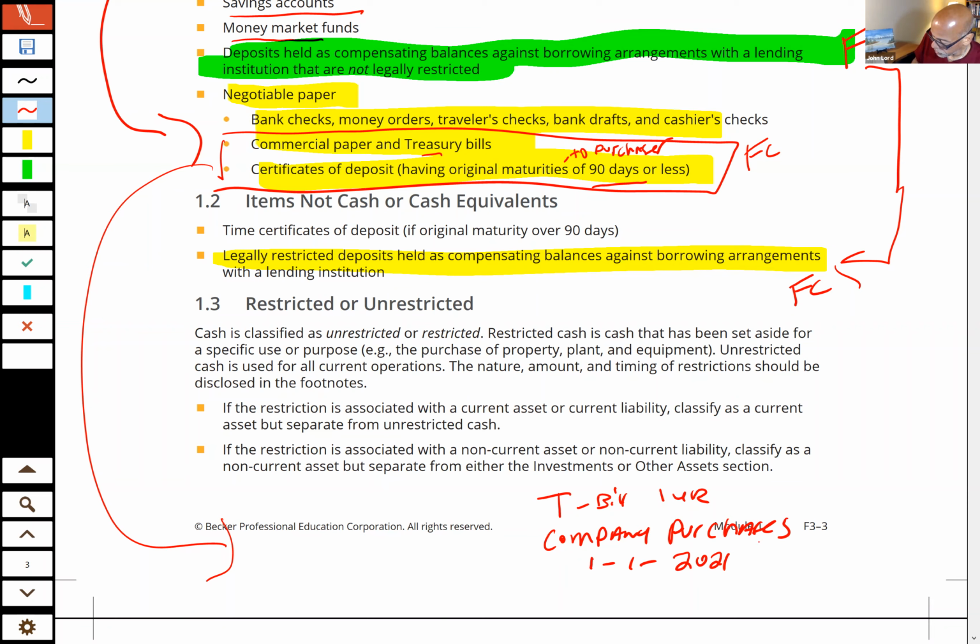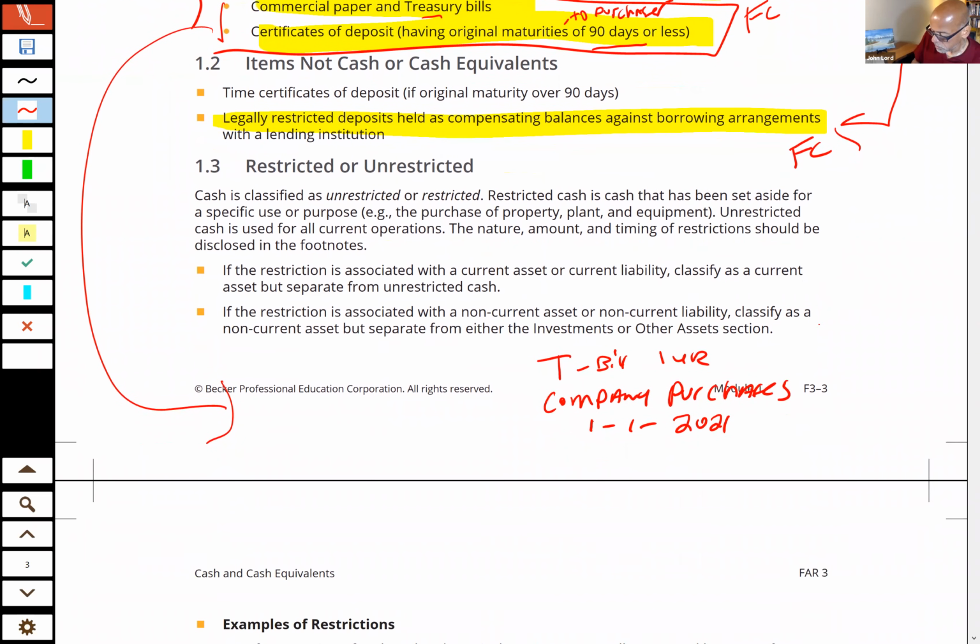So that's when they purchase it. They purchase it on 1/1/2021, and it matures on 1/1/2022.